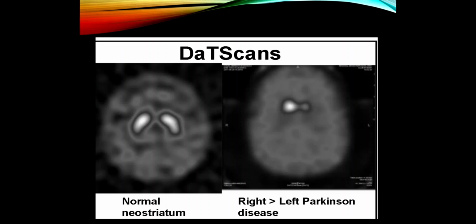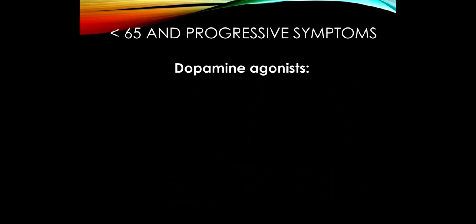DAT scans do not distinguish between Parkinson's disease and all of the things that I'll explain in just a minute in the Parkinsonism category. Okay, it just tells you your patient either has Parkinson's disease or Parkinsonism, but it doesn't sort out which of those conditions you're dealing with.